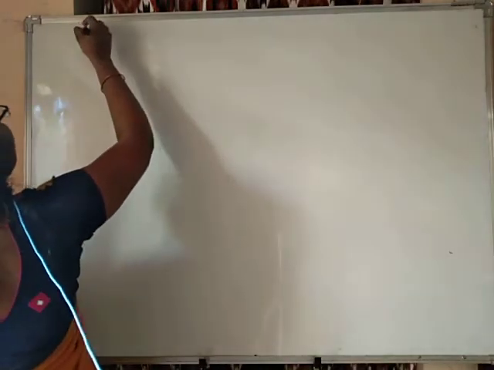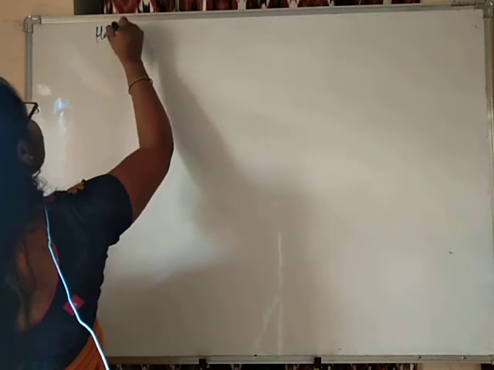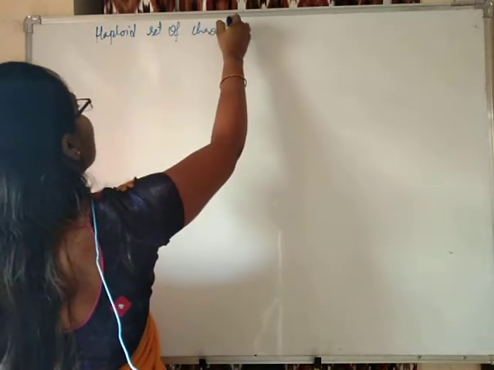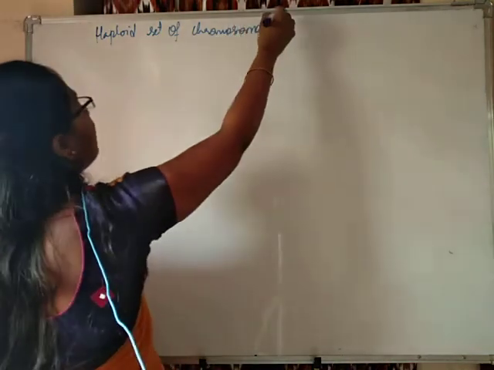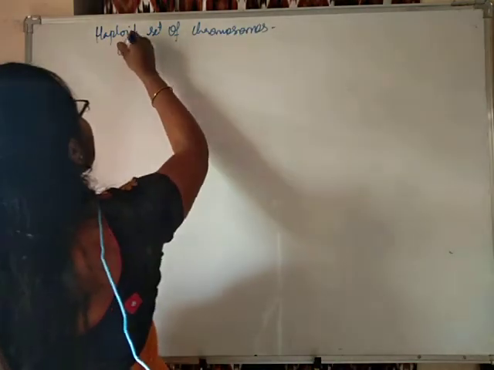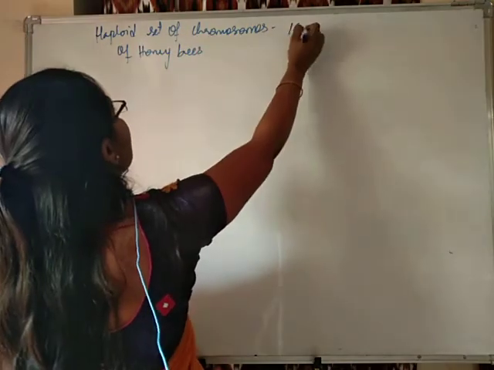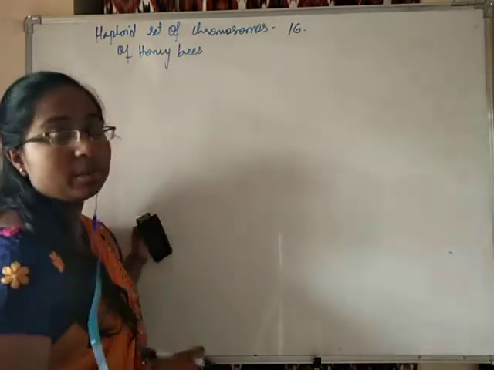So students, generally the haploid set of chromosomes found in honeybees is 16.